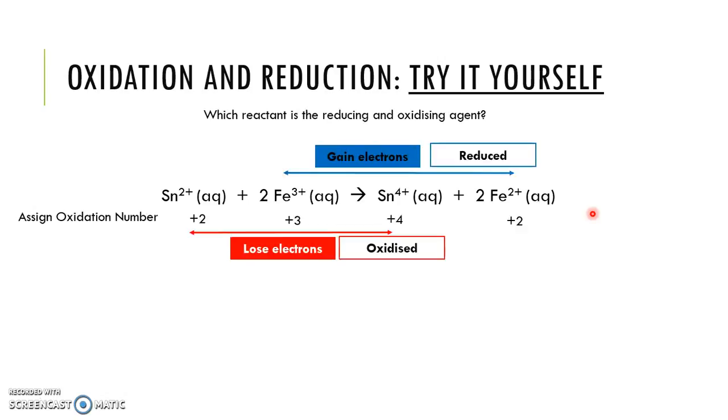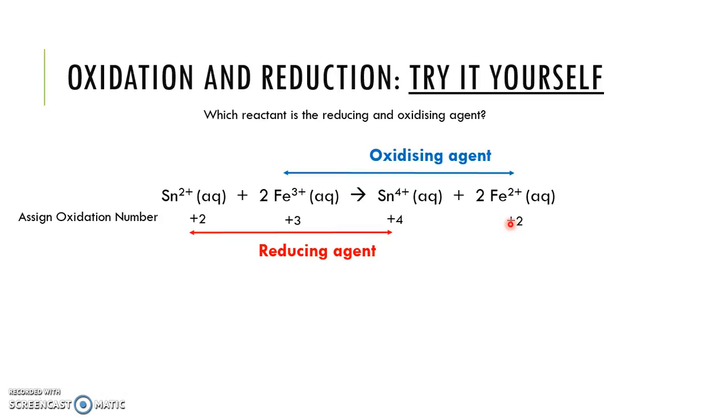And the answer? Iron is the oxidizing agent and tin is the reducing agent. That is what a redox reaction is.